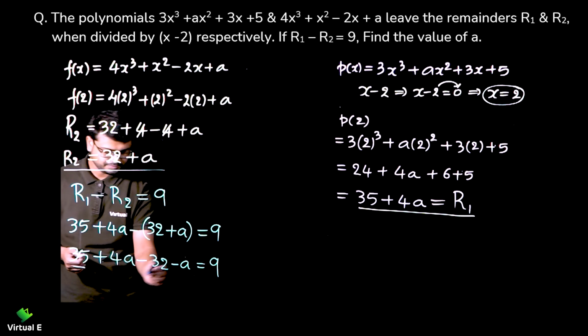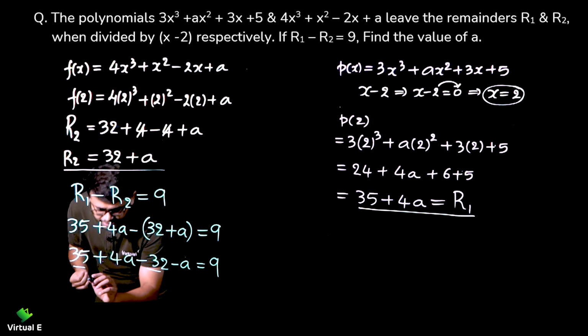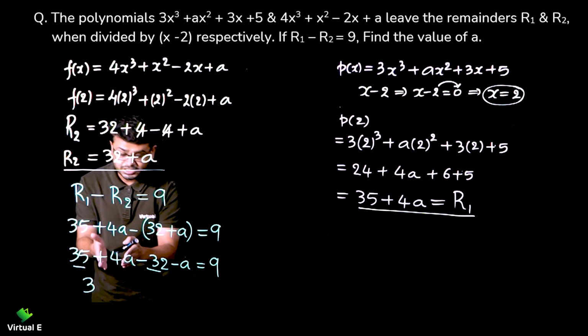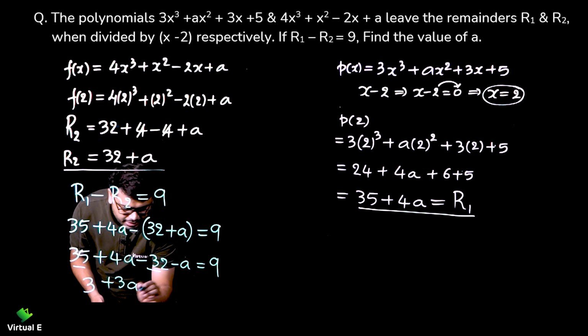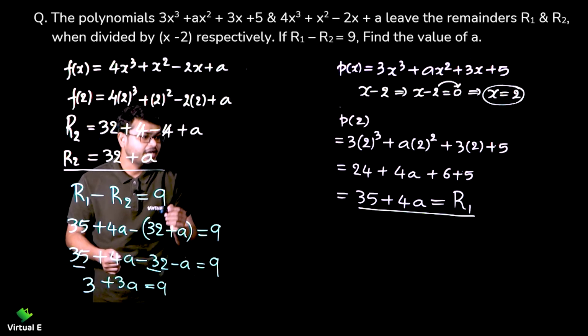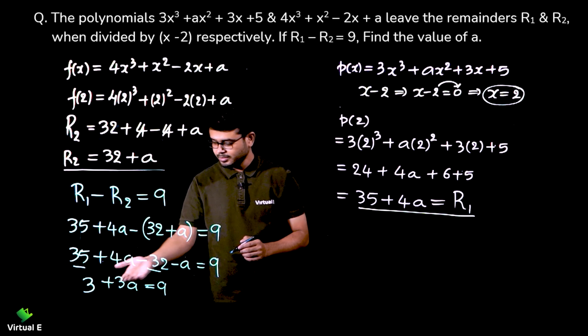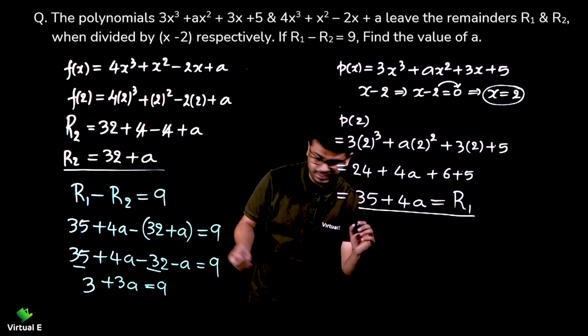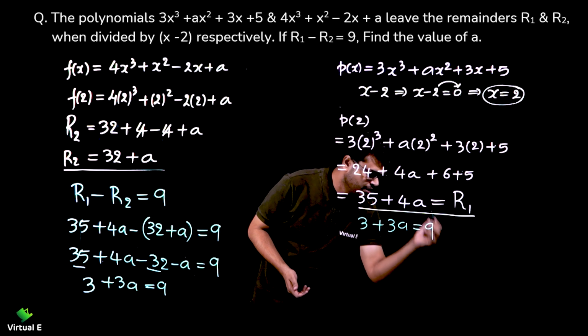So 35 and minus 32, what will we get? Simple, it is 3. So 3 plus 4a minus a, that is plus 3a, is equal to 9. Let's simplify further. Here 3 plus 3a is equal to 9.